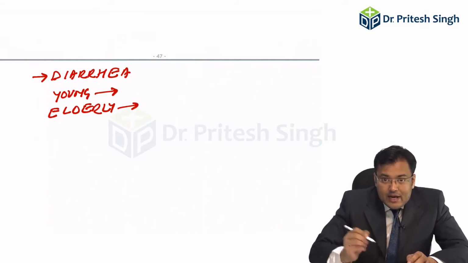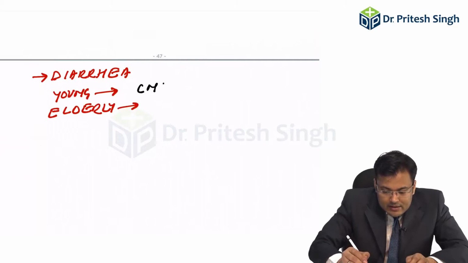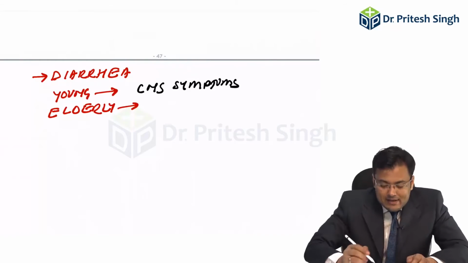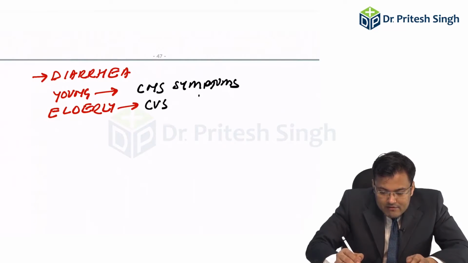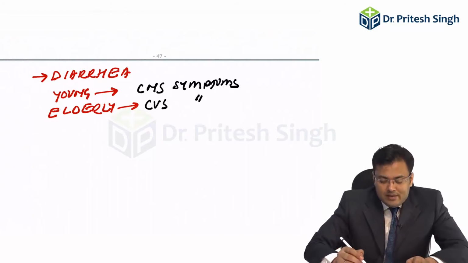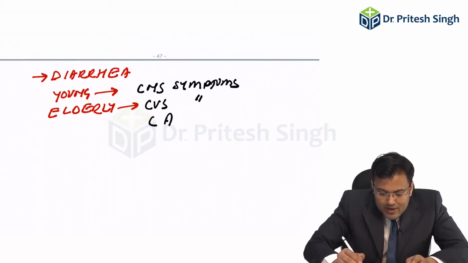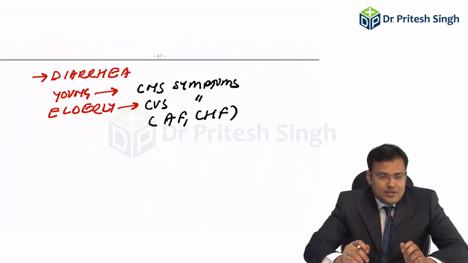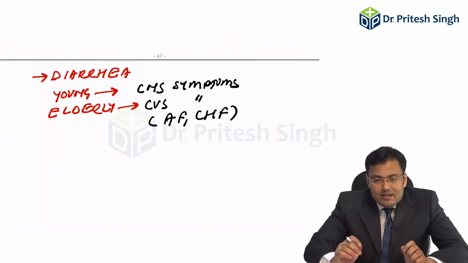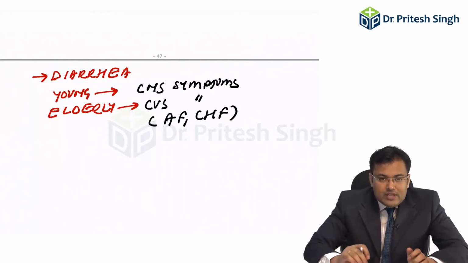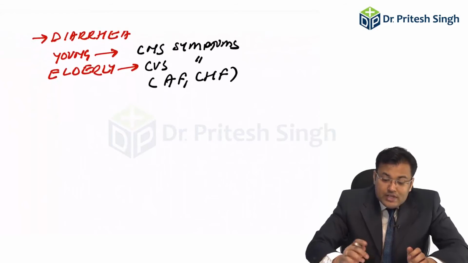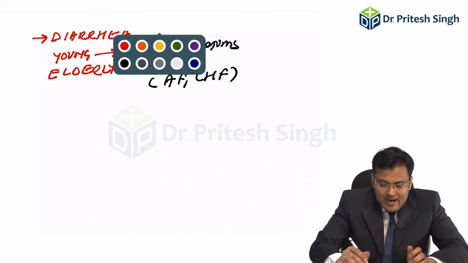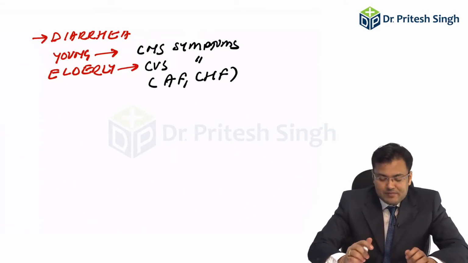See, in young patients, it's the CNS symptoms which are predominant, and in elderly, it is the CVS symptoms which are predominant. So, in elderly, you might find AF and CHF. AF means atrial fibrillation, and CHF means congestive heart failure.